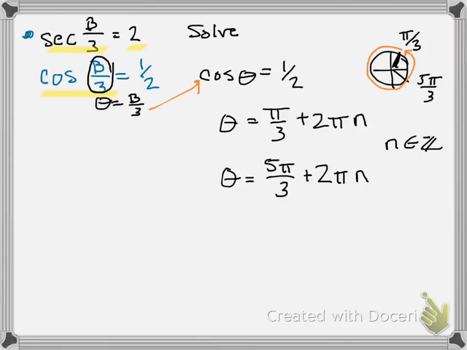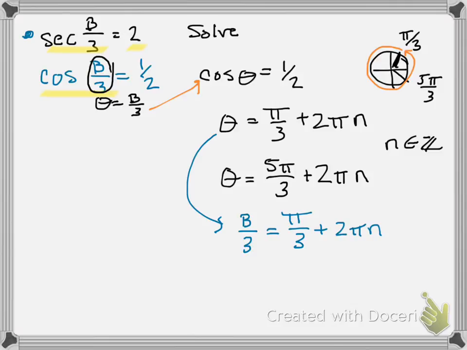So what was theta? Theta was b over 3, so I can just uncover this now. My theta was really b over 3, so b over 3 is equal to pi over 3 plus 2 pi n. And then, well, I could solve that, couldn't I?